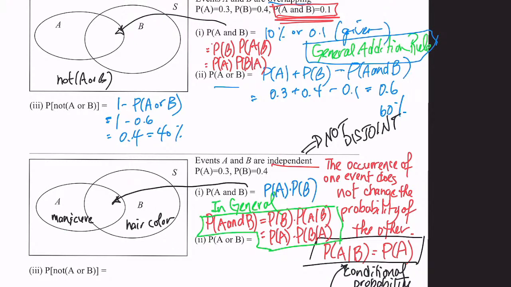So let's finish this. So A times B is 12%. I have nowhere to put this. So this is going to be, or let's write it.